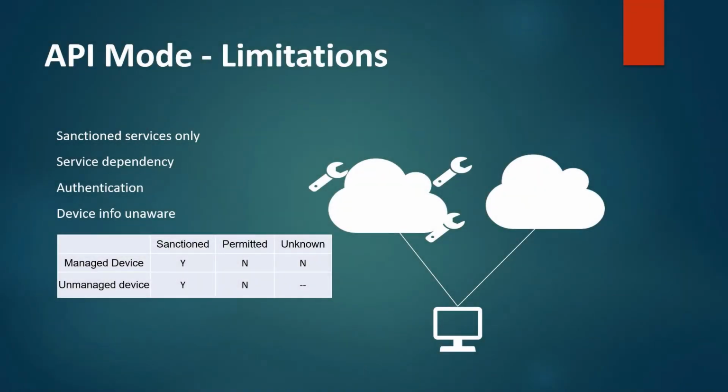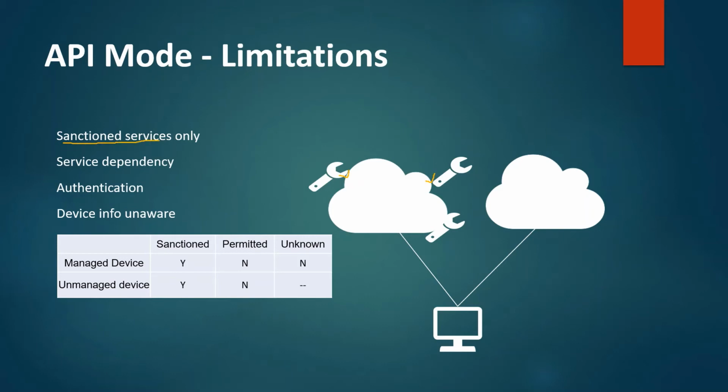This mode has its own limitations. It does not cover everything. First and foremost, we put the enforcement through API to the cloud, but that's under the precondition that we know the APIs and we know the service we're going to control. So that's sanctioned services only.